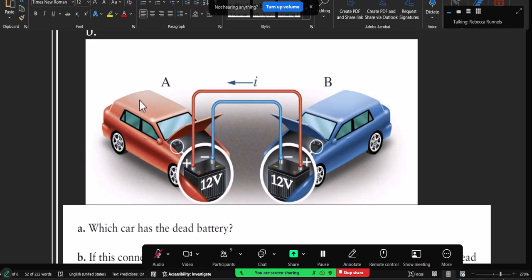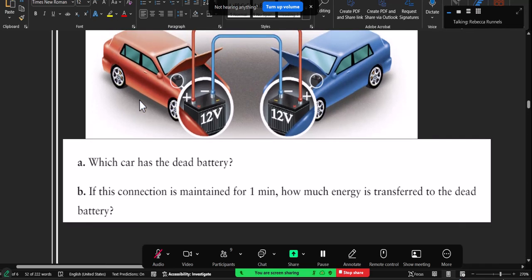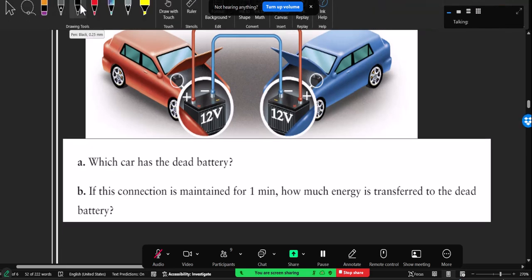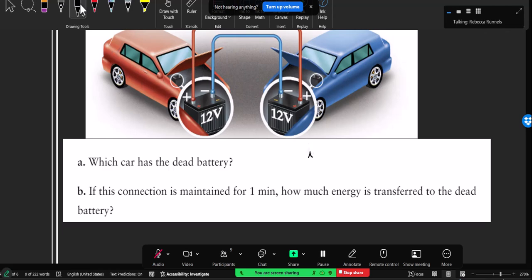Okay, so if the current is 25 amps, so I is 25 amps. I apparently can't write on this.